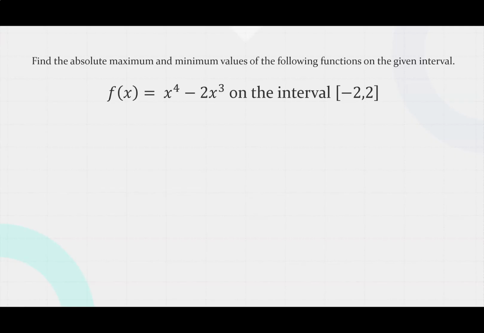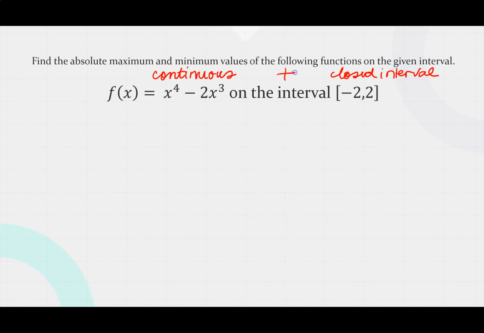Here is an example. Suppose we have a function, f of x is x to the fourth power minus 2x to the third. This is a polynomial function, and we know that the polynomial function is continuous, and we do have a closed interval here from -2 to 2.